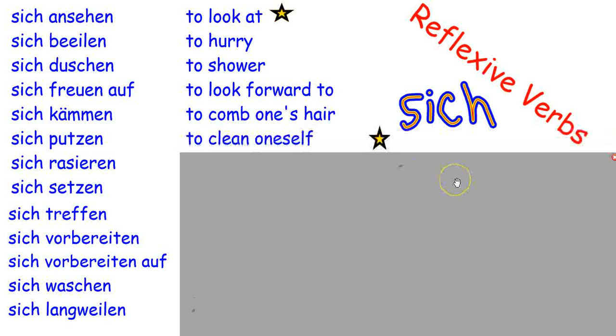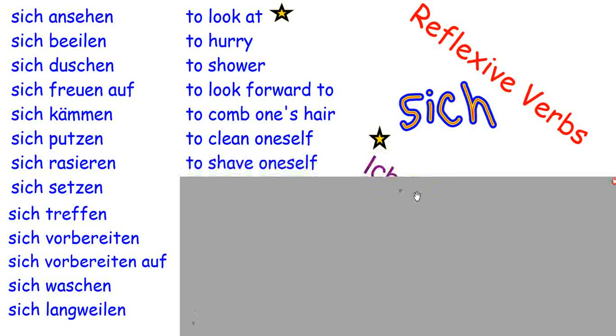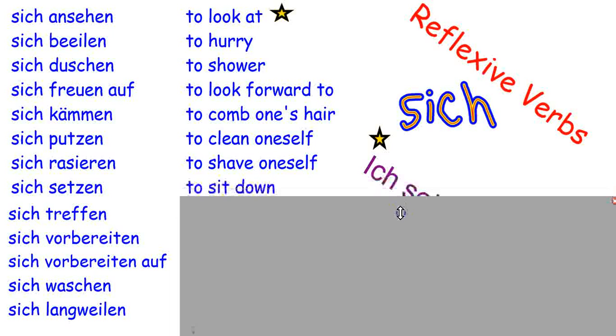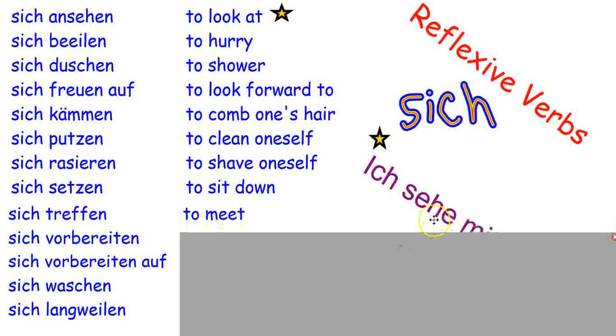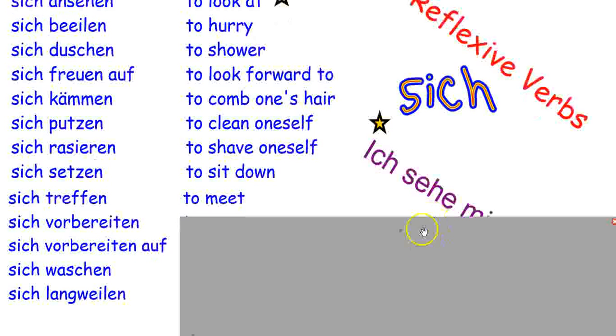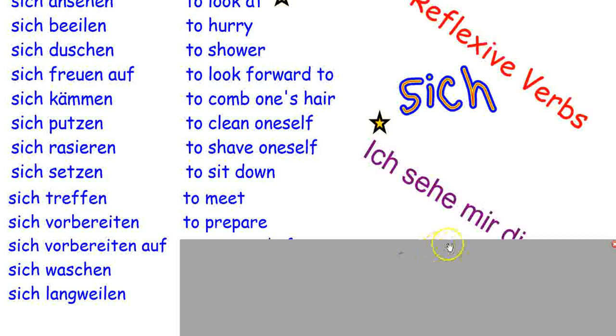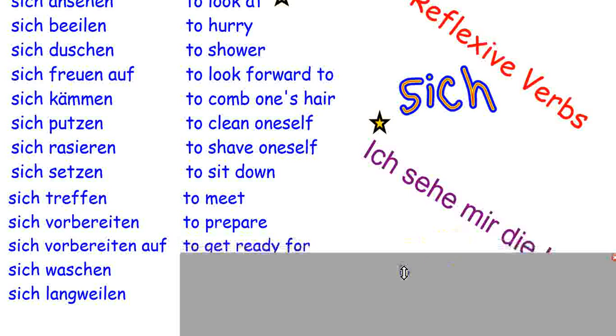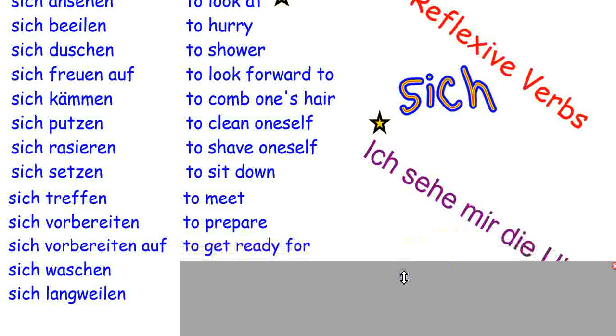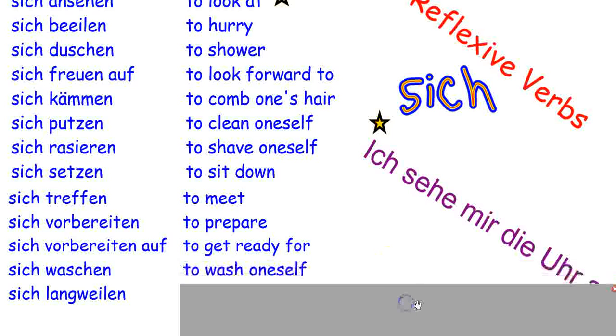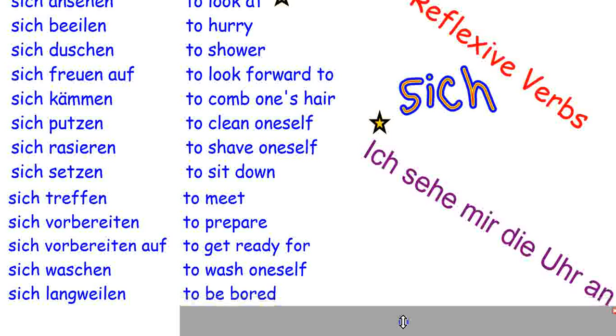Sich putzen, to clean oneself, except when you're talking about teeth, you brush your teeth. Sich rasieren, to shave oneself. Sich setzen, to sit down. Sich treffen, to meet. We saw that in the other example. Sich vorbereiten, to prepare. Sich vorbereiten auf, to get ready for. Sich waschen, to wash oneself. And sich langweilen, to be bored.